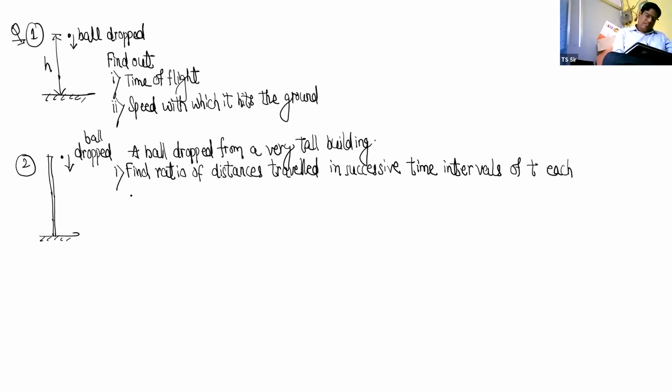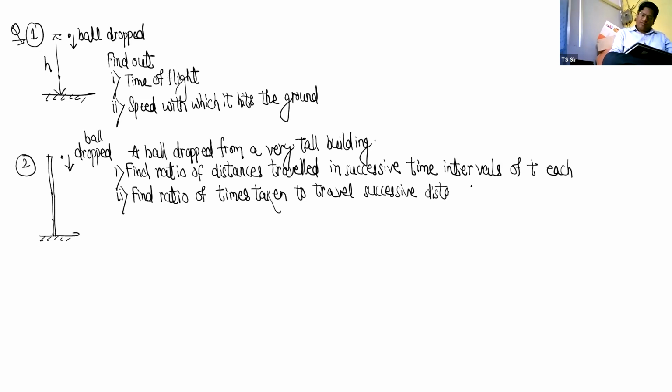The second question is, find out ratio of times taken to travel successive distances of s each.